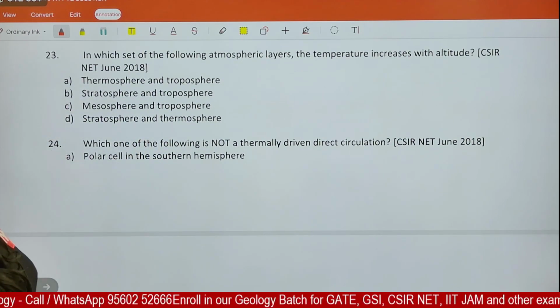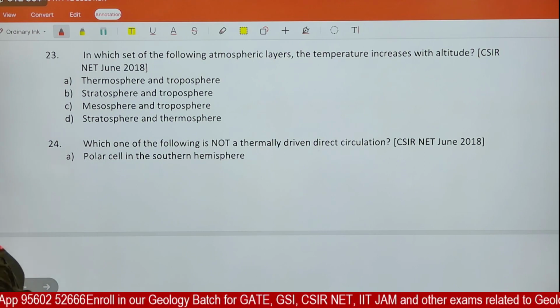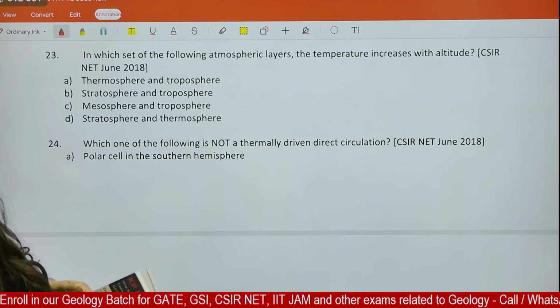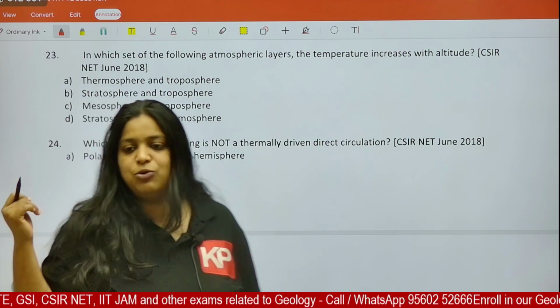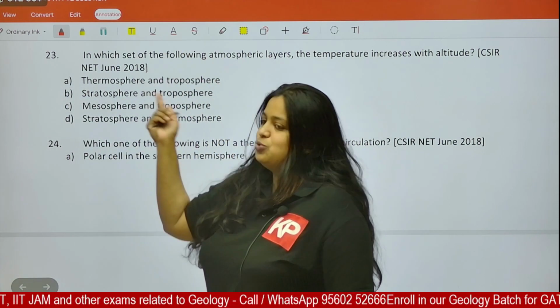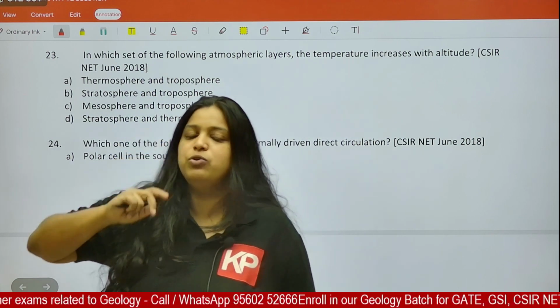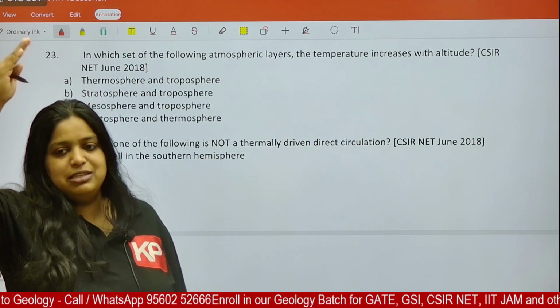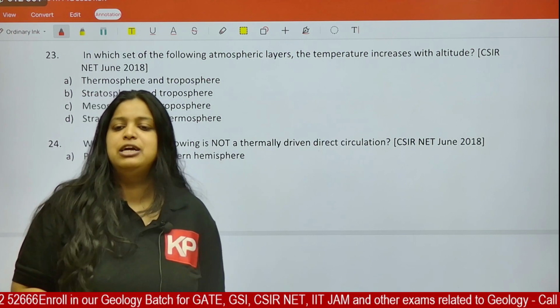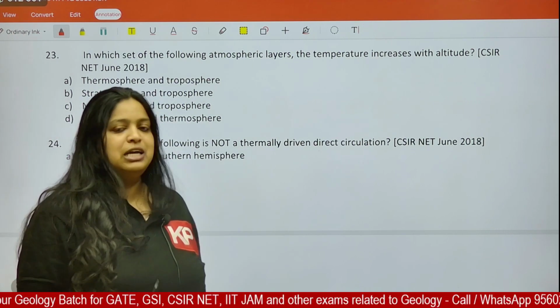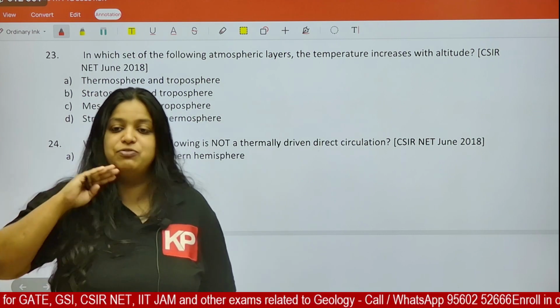In which set of the following atmospheric layers does temperature increase with altitude? Even in UPSC-GSI they have asked questions related to the temperature variation in the atmosphere, whether the temperature increases or decreases with height in different layers of the atmosphere. That's very important.